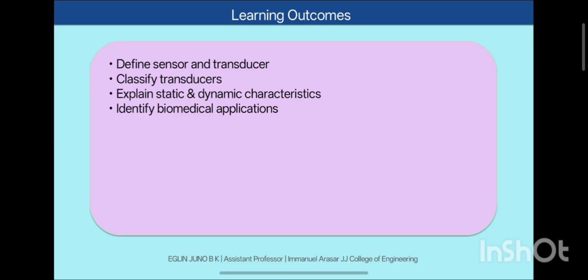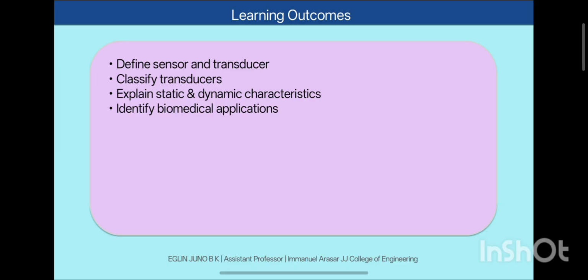Now we all know about the sensor and transducer. Now let us understand how a measurement system works. Every measurement system has several stages. The first stage is the measurand, the physical parameter. Next comes the sensor, which detects the physical quantity.